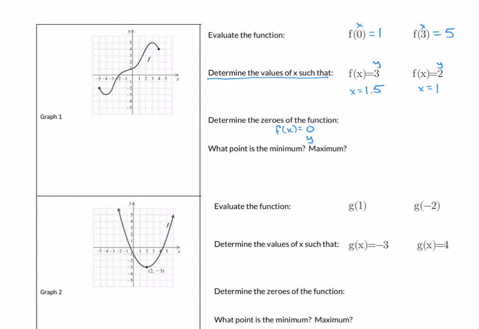So zeros, this is also another way to say what is the x-intercept. So if we go ahead and look for the x-intercept, our x-intercept is right here. What is the x-coordinate of this? This is x equals -2.